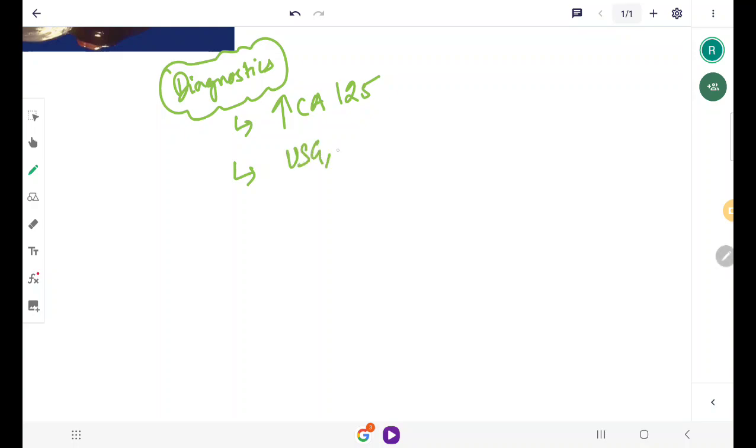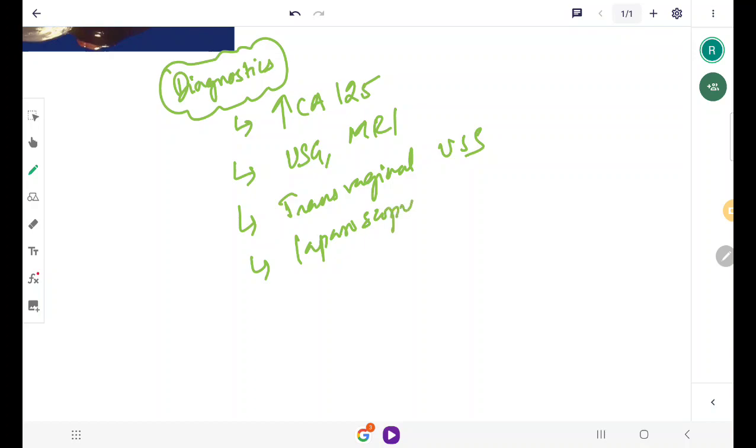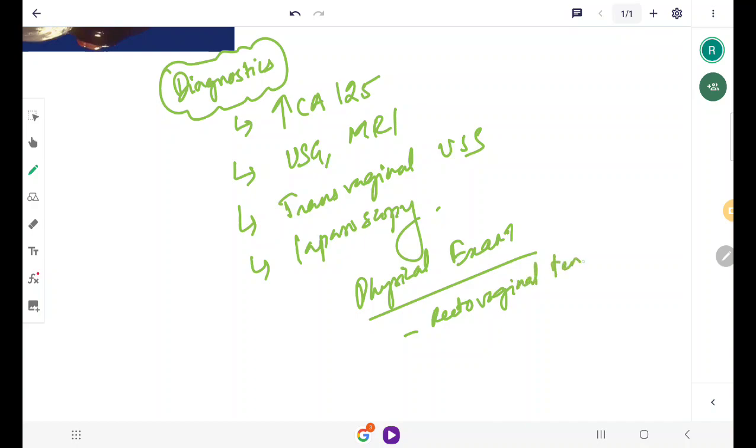So in order to confirm, you do ultrasound and MRI, and you use transvaginal ultrasound and laparoscopy. And also the physical examination is more important, and the physical exam shows rectovaginal tenderness, adnexal masses, and lateral displacement of cervix.